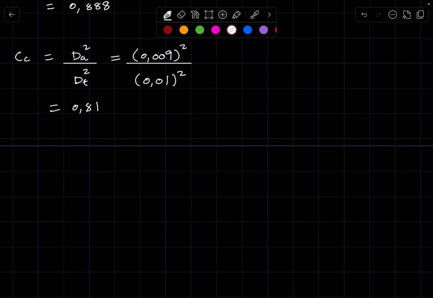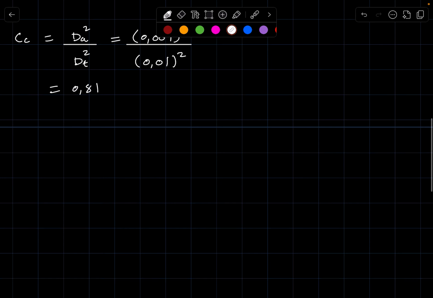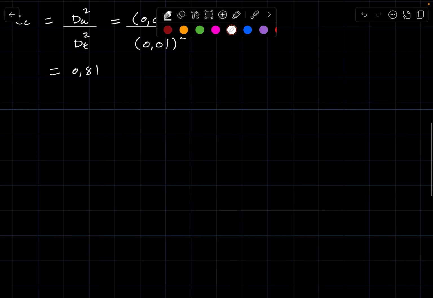Now based on this approach, we know that we are now going to be able to get the coefficient of discharge, right? Remember in the beginning we said we can take either of the two approaches, that is either by using Q, so QA divided by QT.